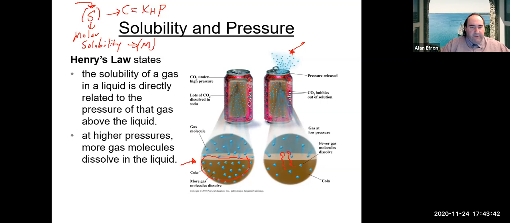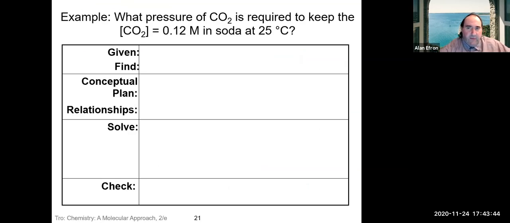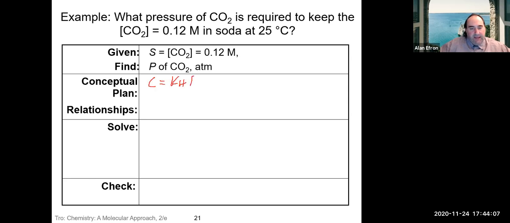So let's take a look at a calculation involving this. We want to know what pressure of CO2 is required to keep the concentration of CO2 at 0.12 in a soda at 25 degrees Celsius. So we can use our formula, C equals KH times P. We would look up our value for KH in that table.